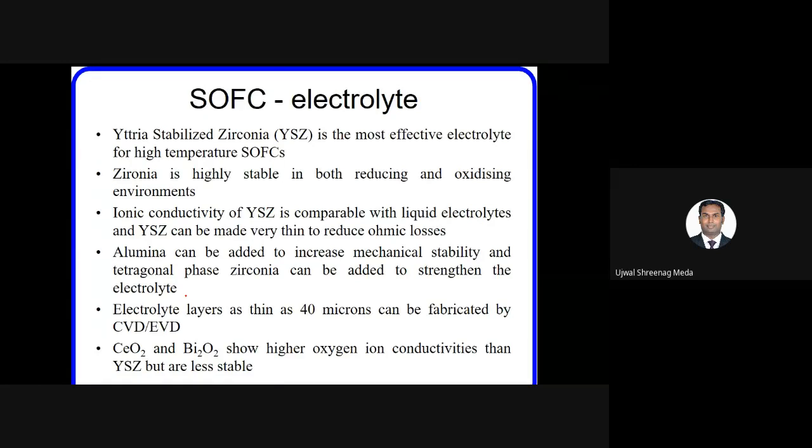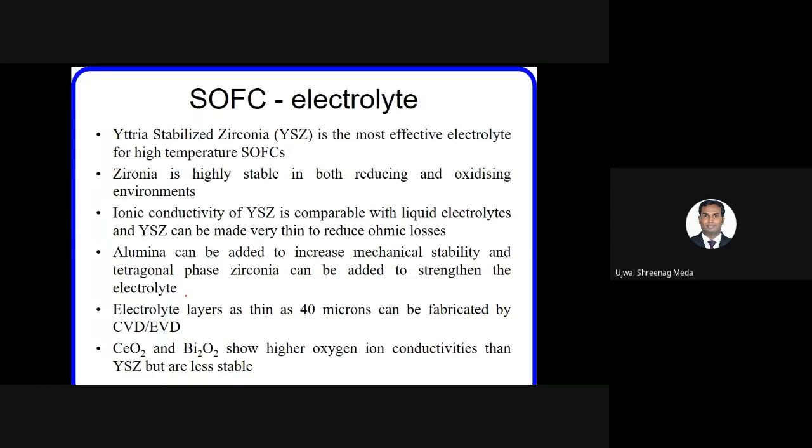Usually, depending upon the type of fuel cell and the operating temperature, the magnitude of the associated losses will vary. Likewise, in SOFC, the losses because of the reactions, the activation losses, are very little, because the operation is at high temperature.